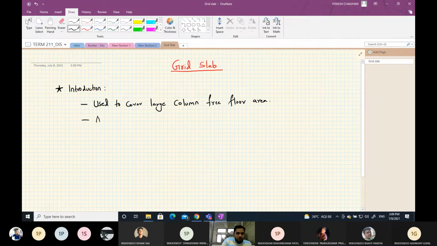Then they find applications for large halls, marriage halls, or any other purpose, public area. Then auditorium. Then lecture halls.